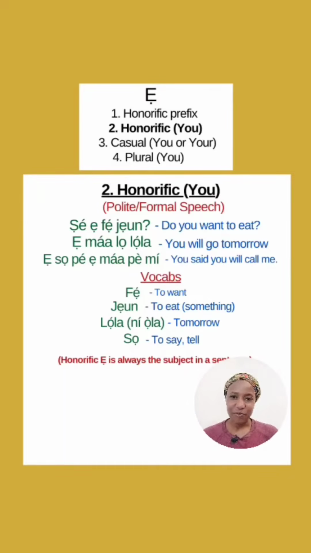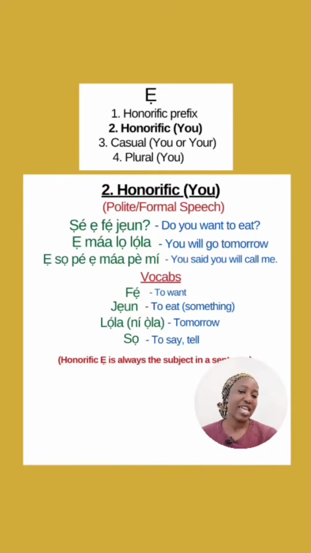Okay, so ṣó jẹun. That is what you would say to your friend or someone that is younger than you. Now, someone that is younger than you, but you have a relationship with them. If your boss at work is younger than you are, do not ever say ṣó. If you don't want to get fired, do not ever use the word ṣó at work, okay?